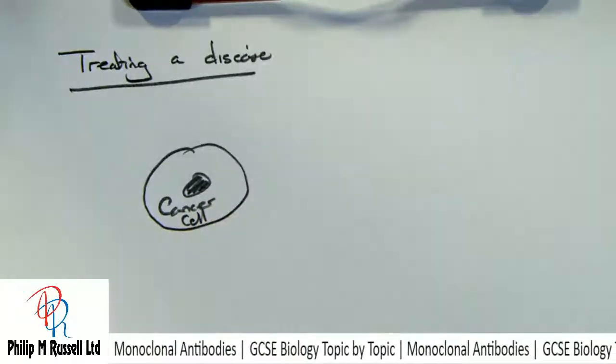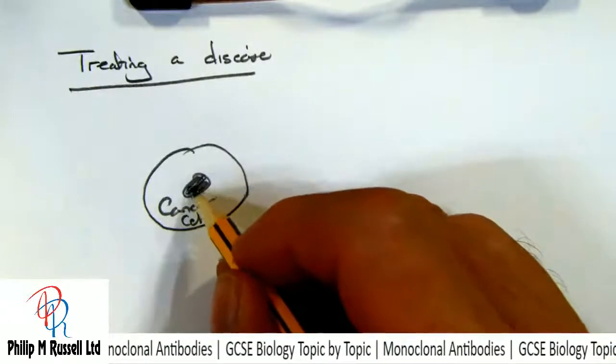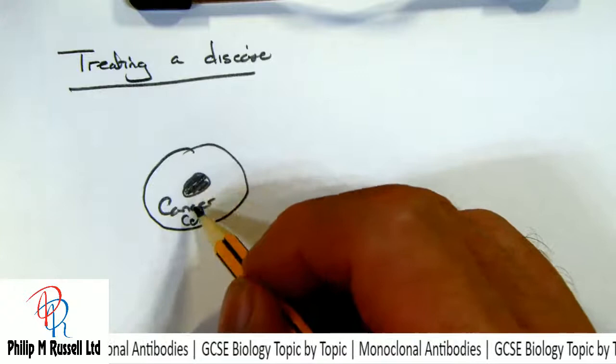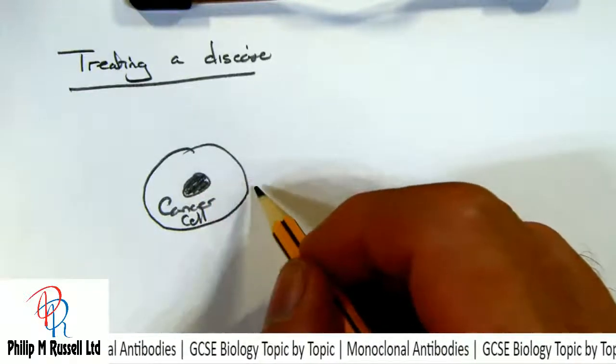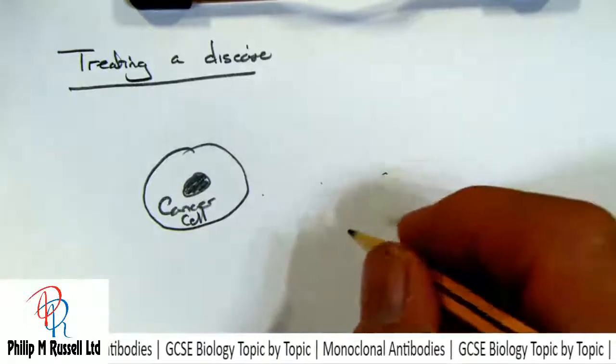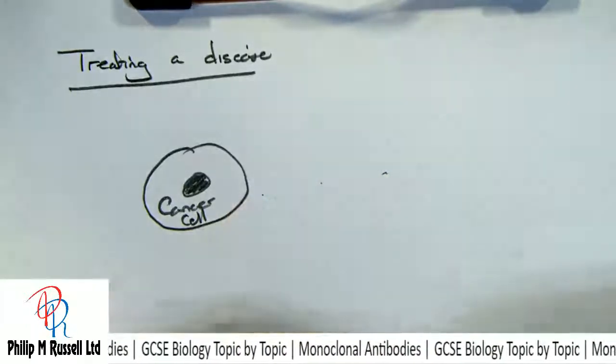It's a cancer cell. Now all that means is this cell should reproduce and then stop. But it's cancerous. It now is just reproducing and reproducing and reproducing, and it's making so many of these cells that it can cause blockages.